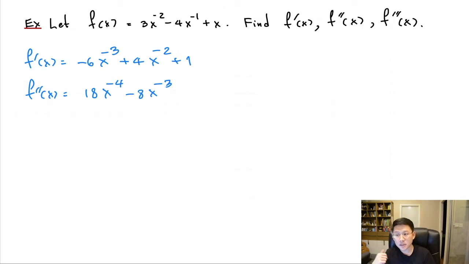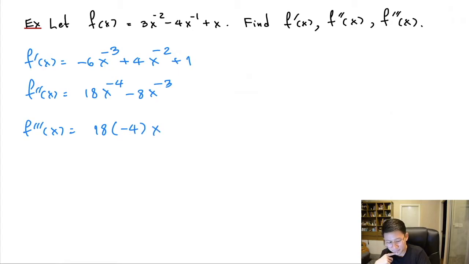And the third derivative is 18 times minus 4. That's not trivial, right? I can't multiply it in my head. 18 times 4 is 72.